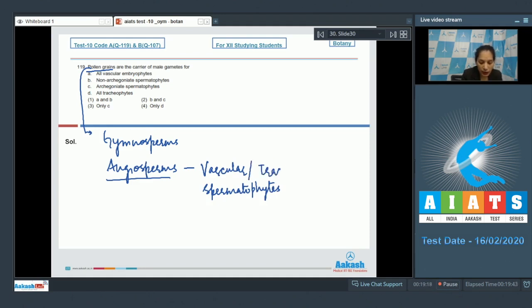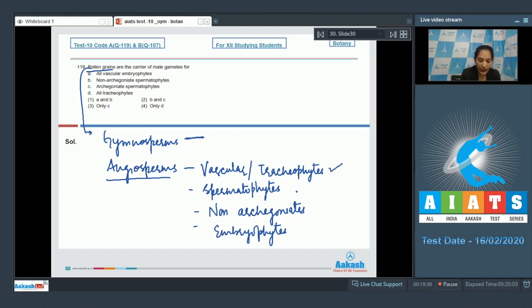Vascular plants are also known as tracheophytes. They are non-archegoniates because they lack archegonia. They are embryophytes. What about the gymnosperms? Gymnosperms are vascular tracheophytes, spermatophytes, but archegoniates as they have archegonia. This is the difference between gymnosperms and angiosperms.